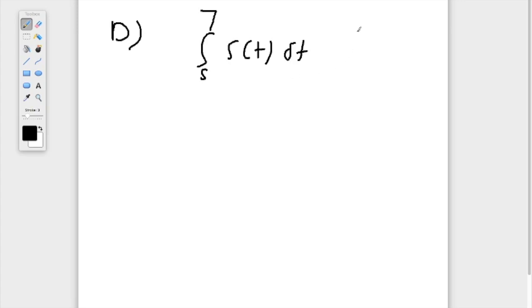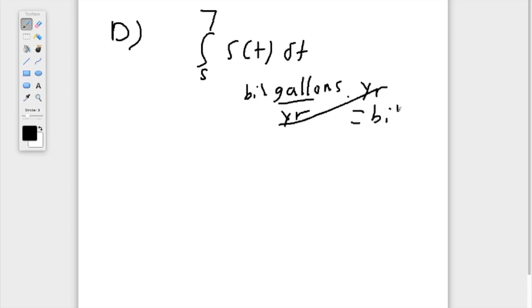So s of t is measured in billion gallons per year, and then dt is just years. So when you take the integral, these cancel out, so you just get units of billion gallons.